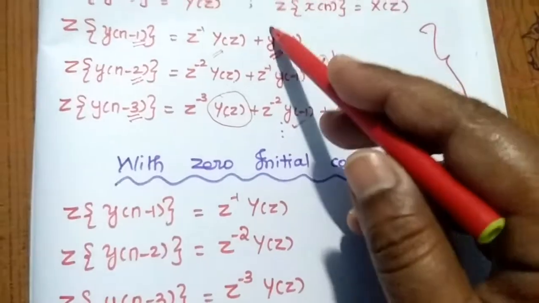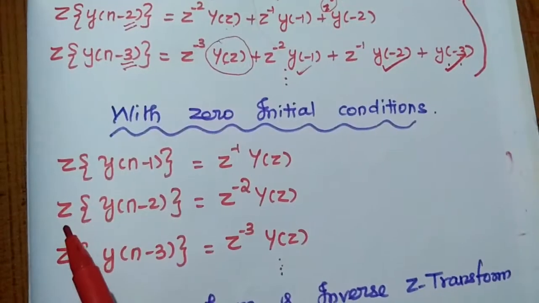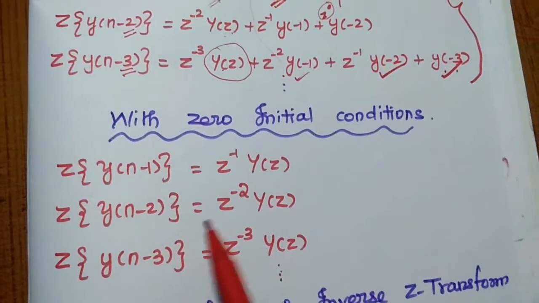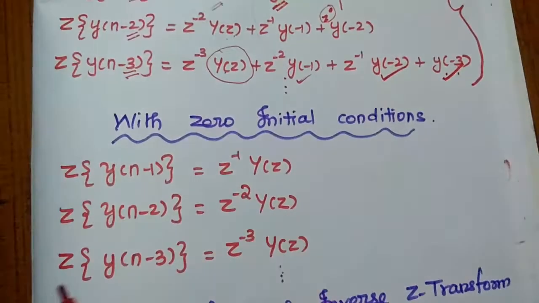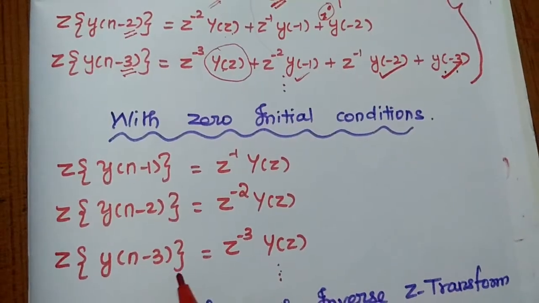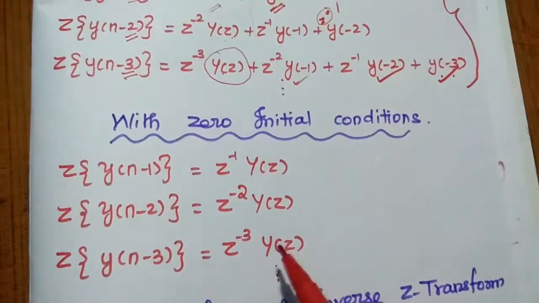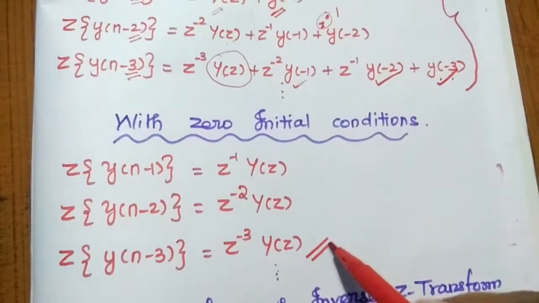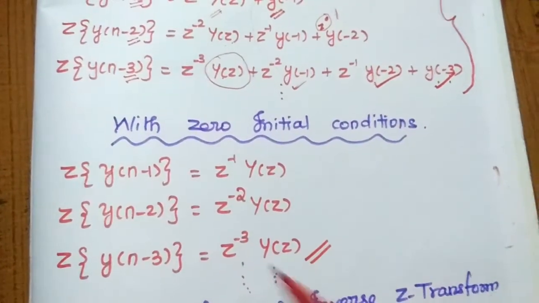There are no initial conditions. Likewise, Z transform of y of n minus 2 is equal to z power minus 2 into Y of z. Z transform of y of n minus 3 is equal to z power minus 3 into Y of z. It is a very simple technique. It goes on till infinity.